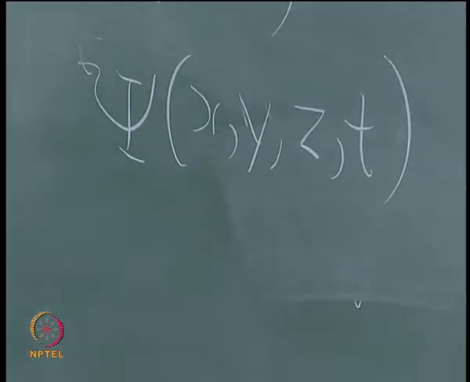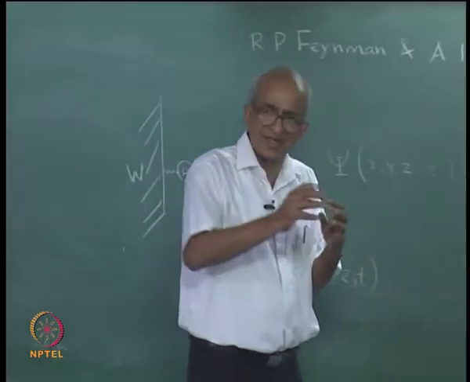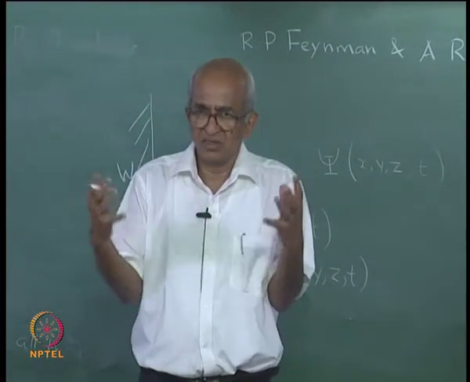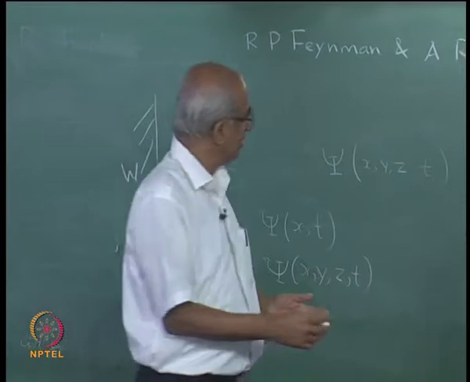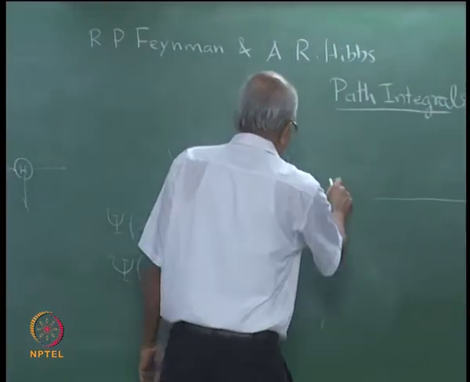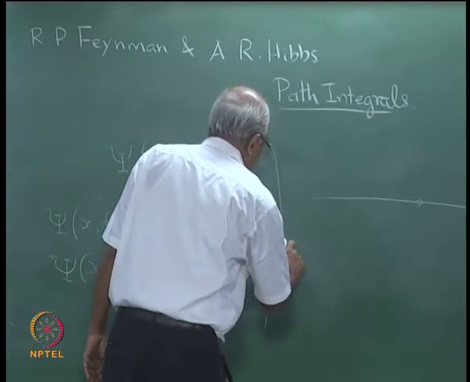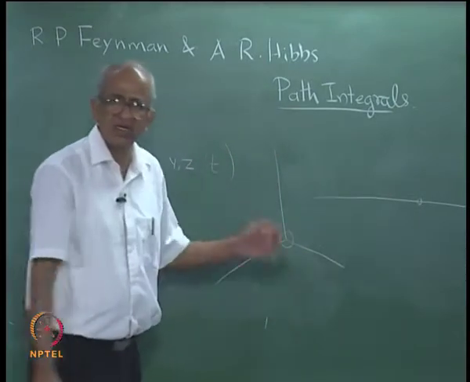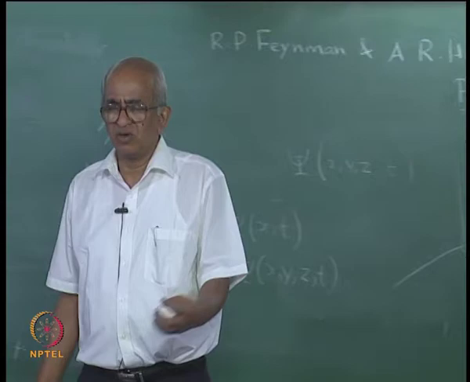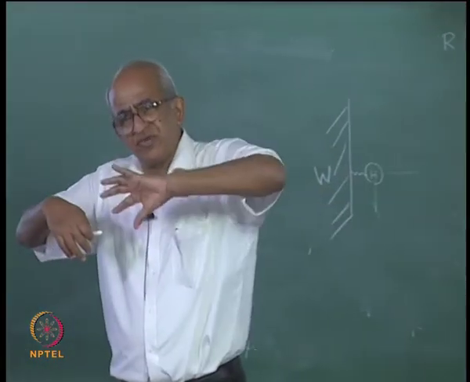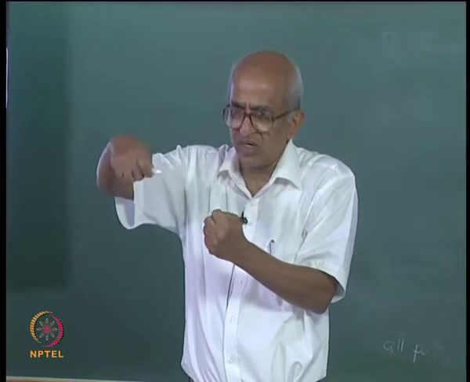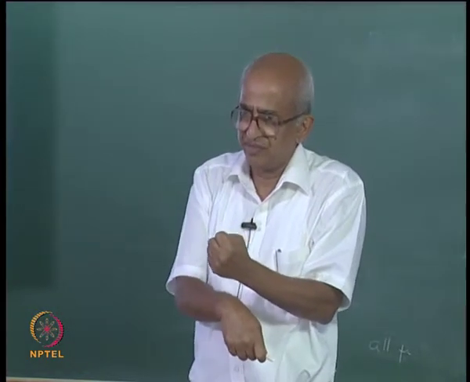On the other hand, suppose I am worried about the internal structure, how the electrons are moving around the nucleus, right. Suppose I am interested in that. Then I will think of a coordinate system like this x, y, z, and I will say okay, my nucleus is at the origin, because I am not interested in the motion of this whole thing, I am interested in the motion of the 2 electrons with respect to the nucleus.